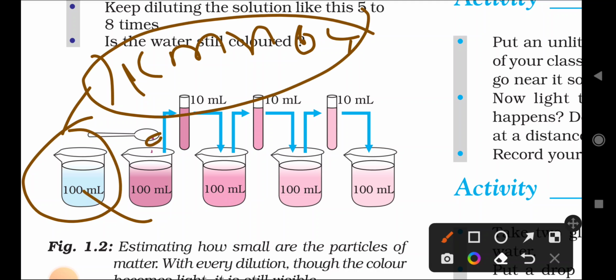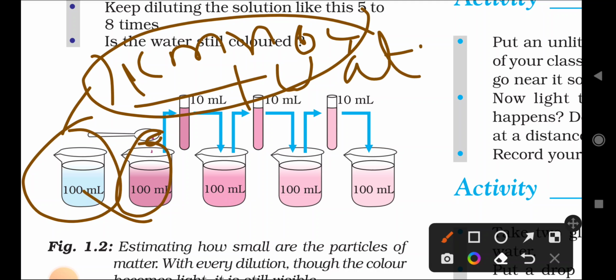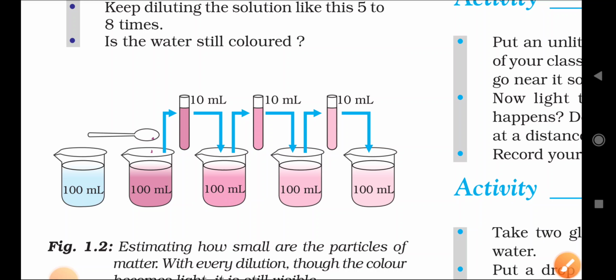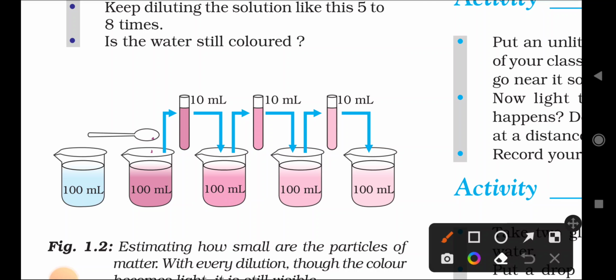After that the 100 ml of water is completely mixed with the potassium permanganate. From this solution we take only 10 ml, and this 10 ml is added to 90 ml of pure water.